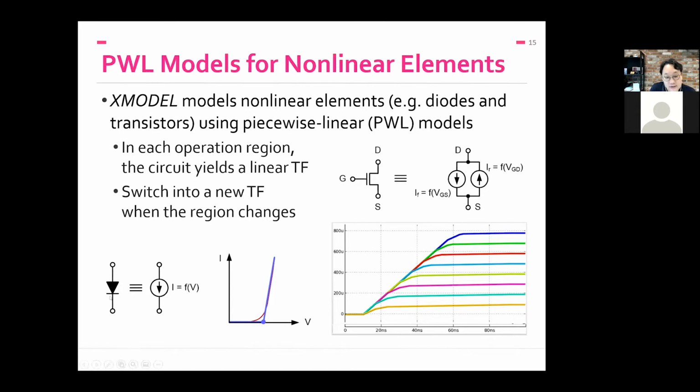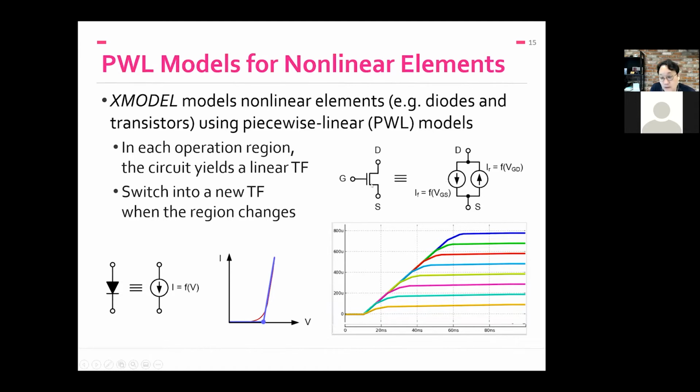For example, you take a diode, which has this nonlinear behavior between voltage and current: up to a certain threshold, it's off. But once the voltage across the diode is larger than the turn on voltage, you have a finite resistance between the two terminals. So we can divide this voltage range into intervals and assume there is a linear relationship between the voltage and current. We can extend that into a transistor.